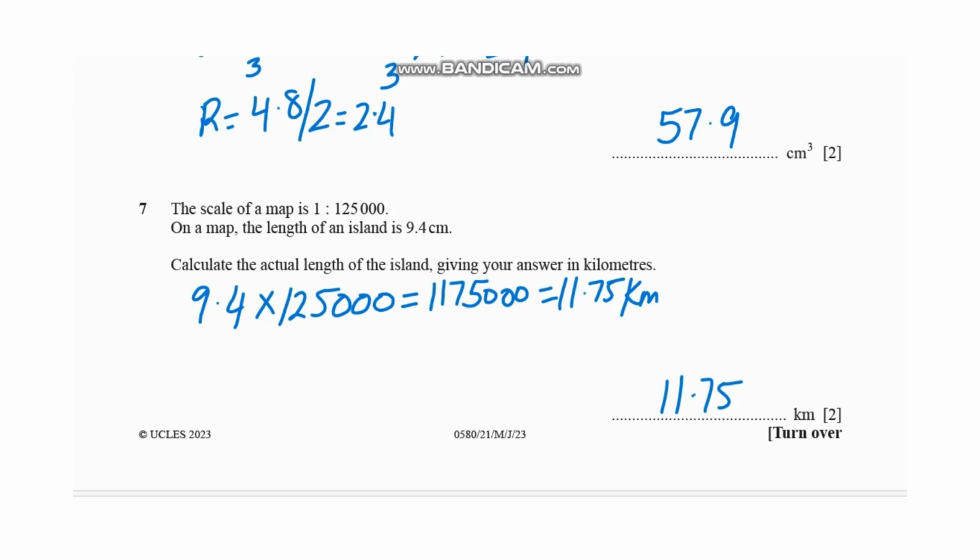So divided by 100, we will be left with 11,750. Then from meters to kilometers, we have to divide the meters by 1000. Next we will divide 11,750 by 1000, that will be 11.75 kilometers. So the answer will be 11.75 kilometers.